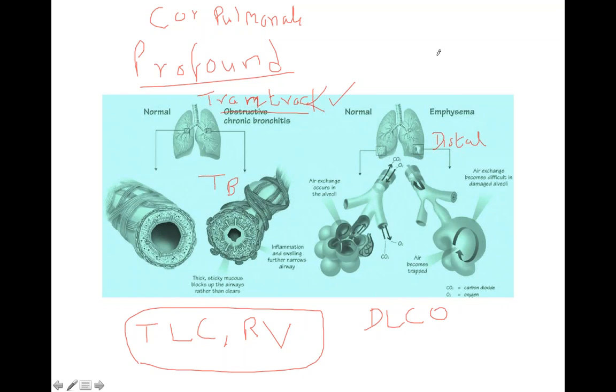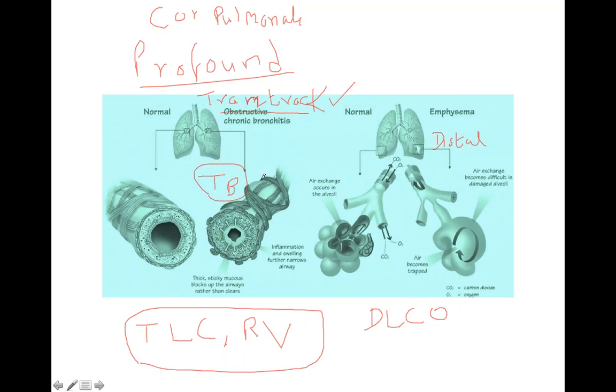Bronchitis affects the terminal bronchioles, and emphysema affects airways distal to the terminal bronchioles: respiratory bronchioles, alveolar ducts, and alveoli. The air exchange occurs distal to the terminal bronchioles. Wheezing occurs whenever there is involvement of the terminal bronchioles.